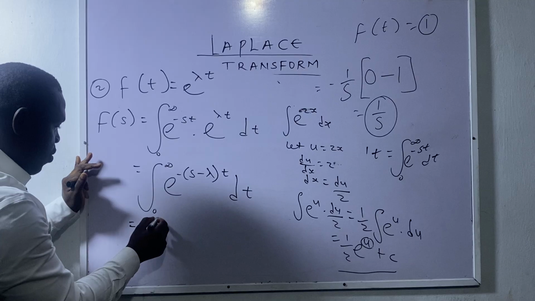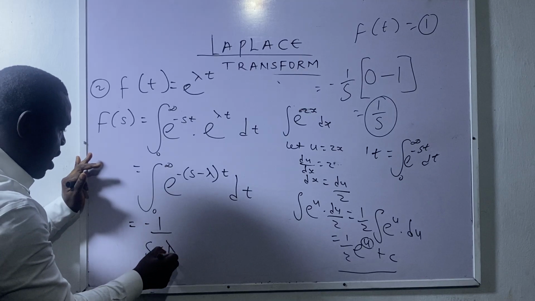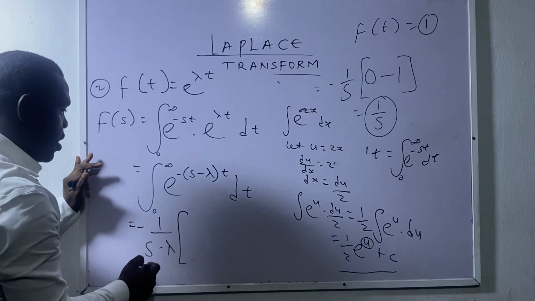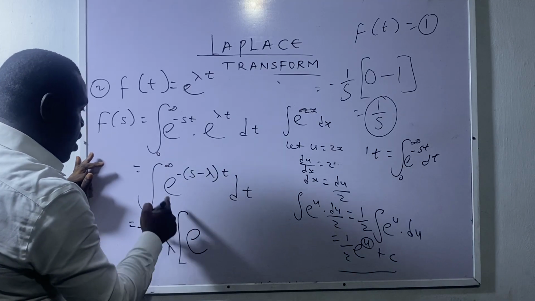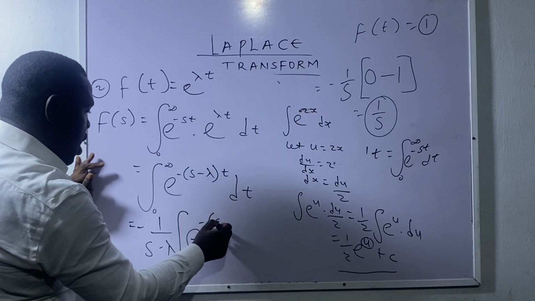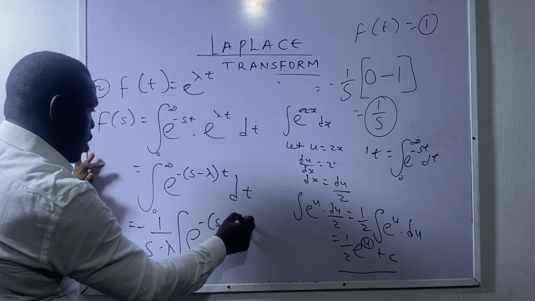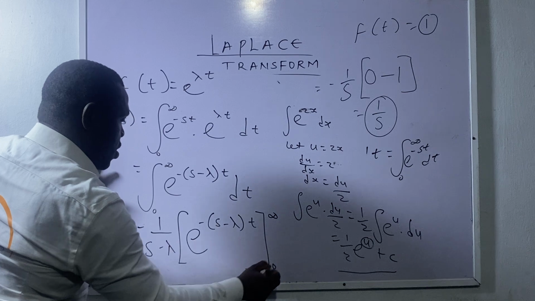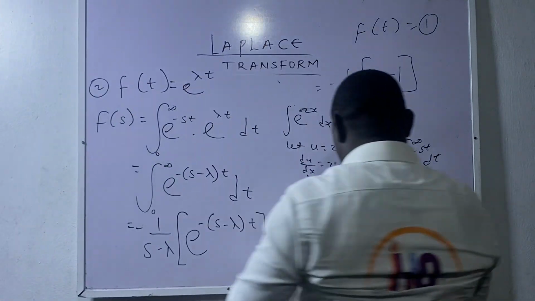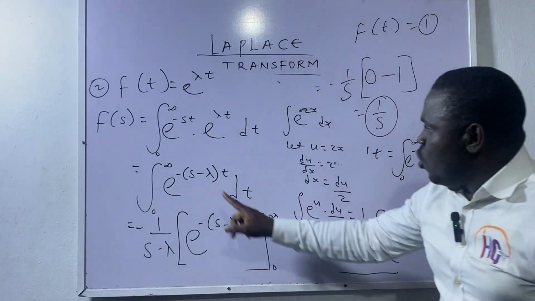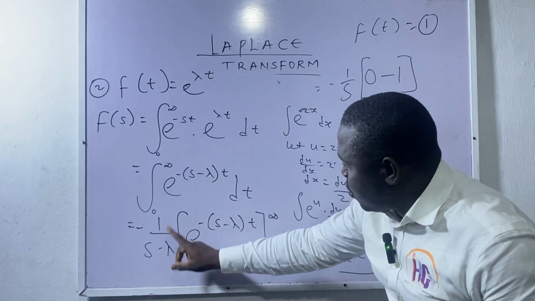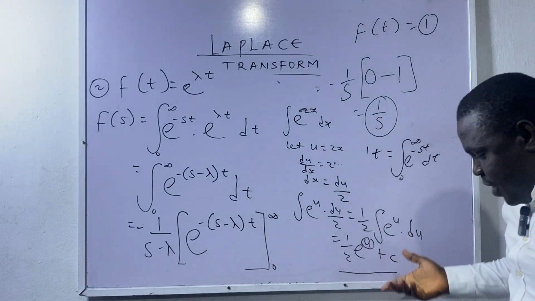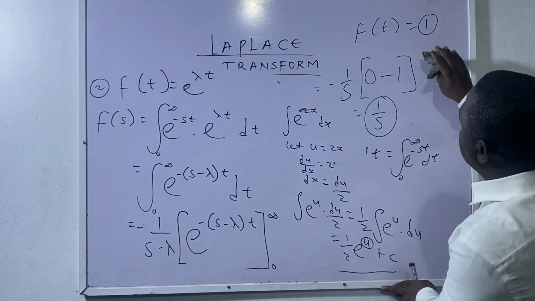That means we have 1 over (lambda minus x), e to the power (lambda minus x)t, from infinity to 0. Do you understand that? Look at it. This thing came down, the constant. Then you have it back, just as you have it here. Very simple.